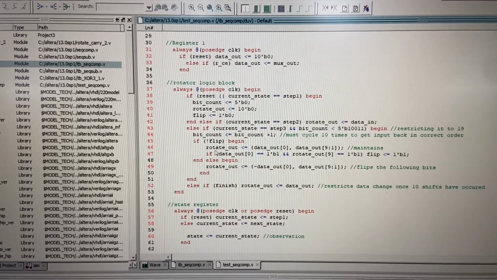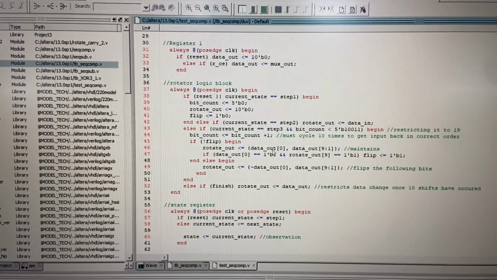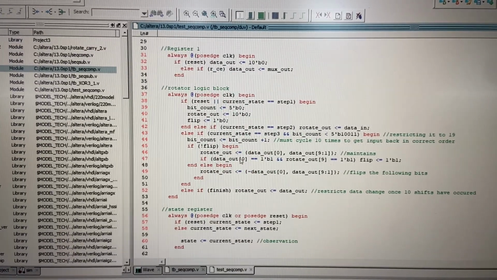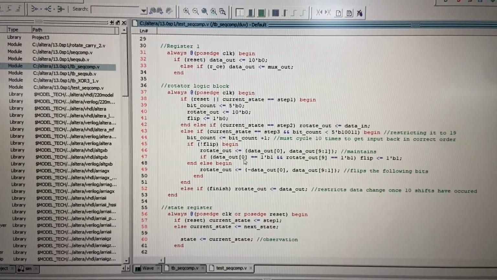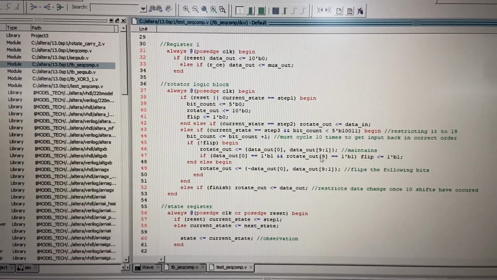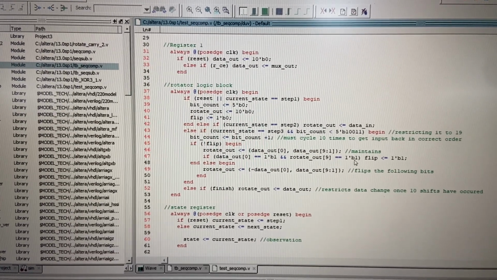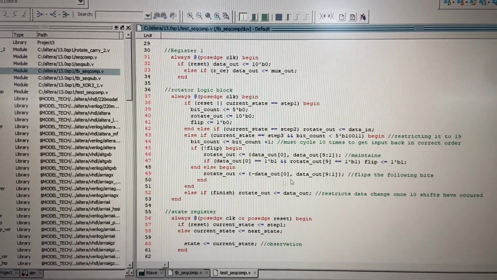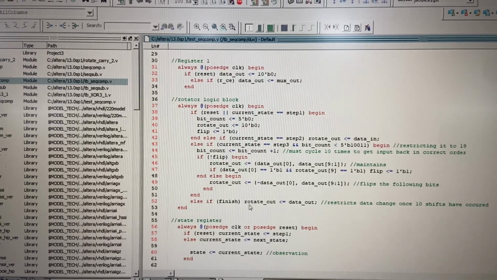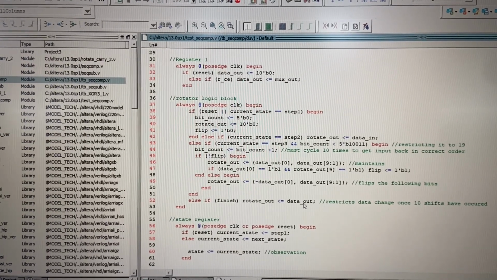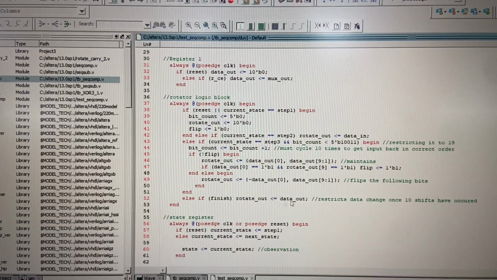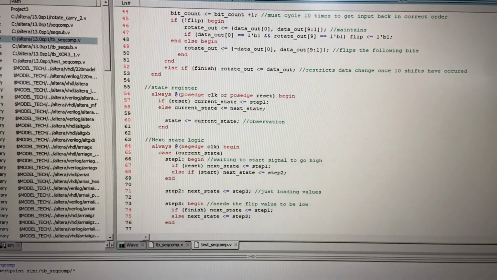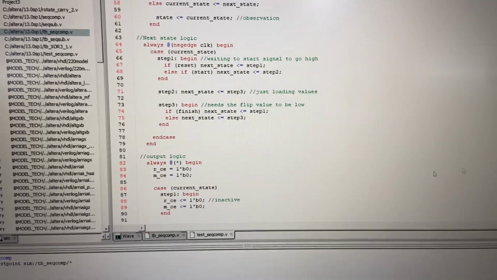And if the flip is low, it'll maintain the data that we have, and then once it finds that the LSB in the data out and the MSB in the computational data are both 1, it will make the flip flag 1, and then the rotate out will start flipping the bits, and then the rotate out will just equal the data out, or data out to rotate out once the finish flag goes high. Then we have the state register and the next state logic and the output logic.